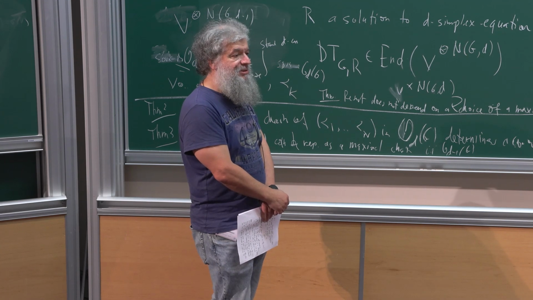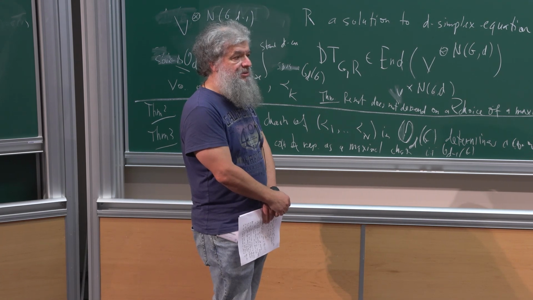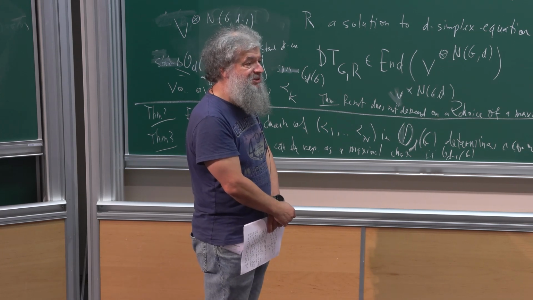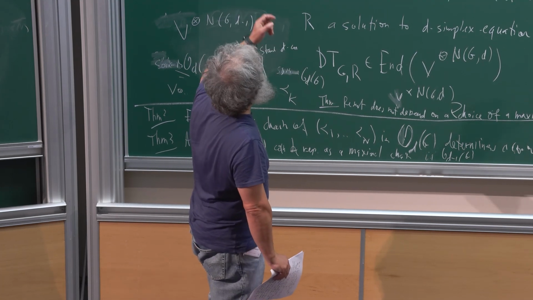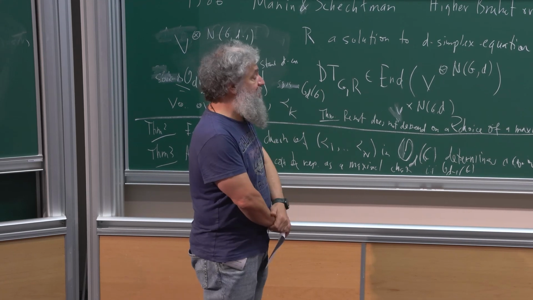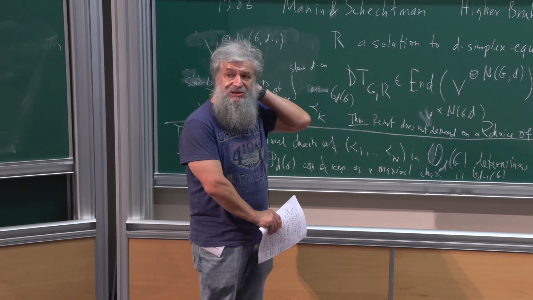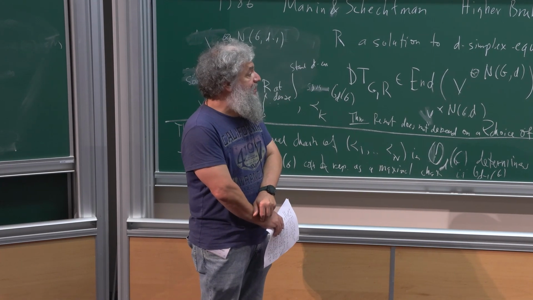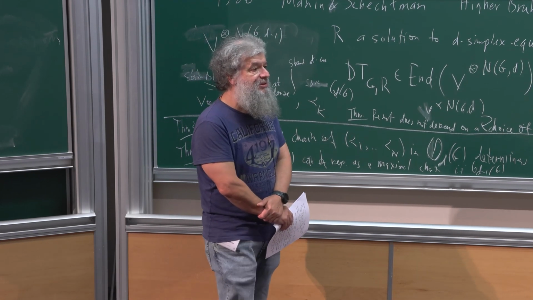So my question is, do you have some examples coming from groups? So Manin-Schechtman considered higher braid groups, but their theory is just for the line graph. So maybe I forgot to say, if you consider G as a line graph, then you get this higher Bruhat order due to Manin-Schechtman.